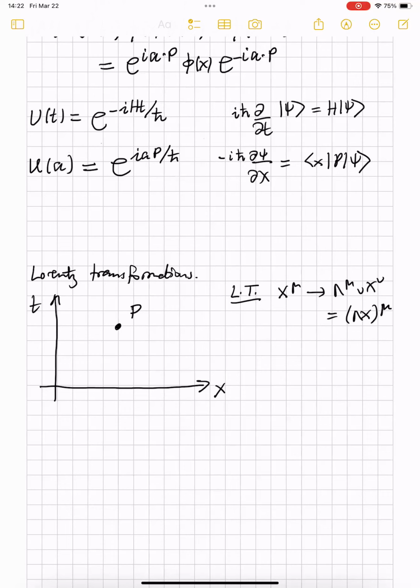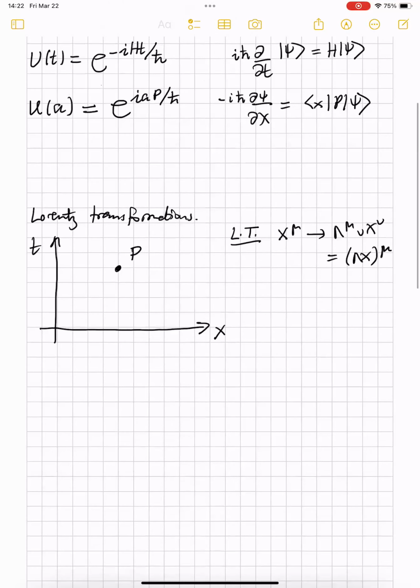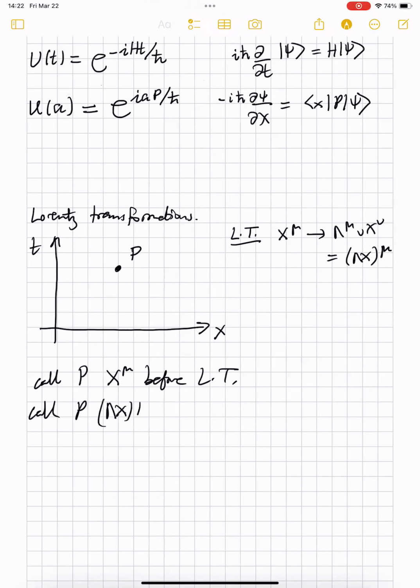So I'm imagining that we call P x mu before the Lorentz transformation, and we call P lambda x mu after the Lorentz transformation. So I'm assuming that we're doing a passive transformation here.